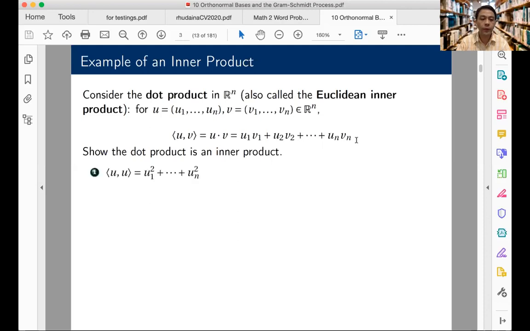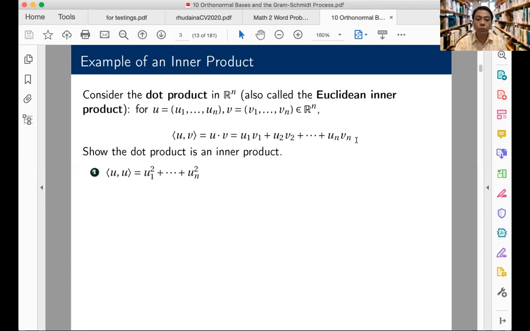So let us check. Let's consider this notation here to be the dot product. The dot product of U with U: you just multiply the corresponding components of U. So U1 times U1, you get the square, and so on, Un times Un, you get the square. And so we are squaring the components and we get the sum.